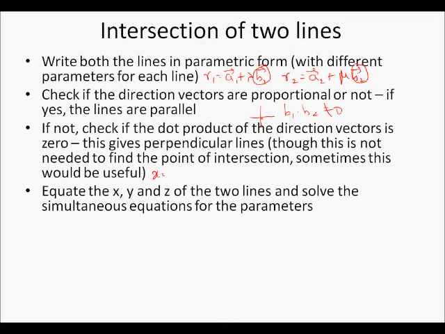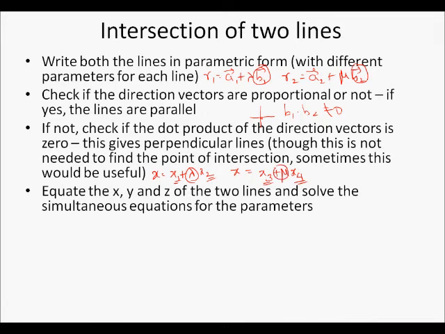You know that x will be in the form of x1 plus lambda x2, and the other x would be x3 plus mu x4 or something like that. You know the numbers here, and only have to solve for lambda and mu.